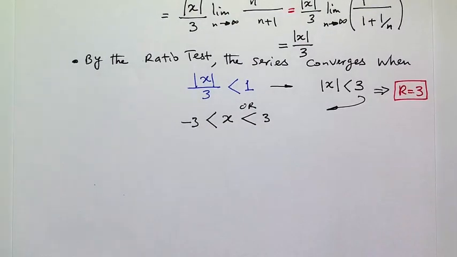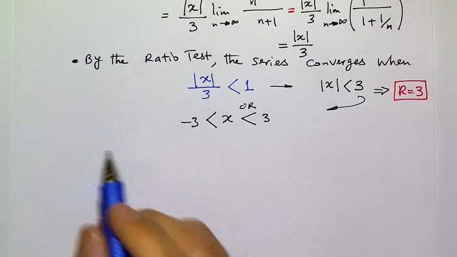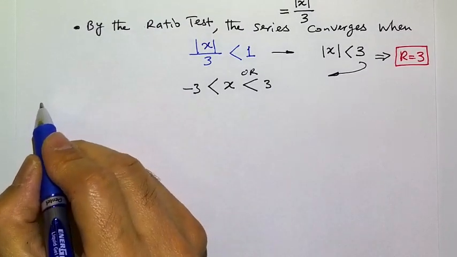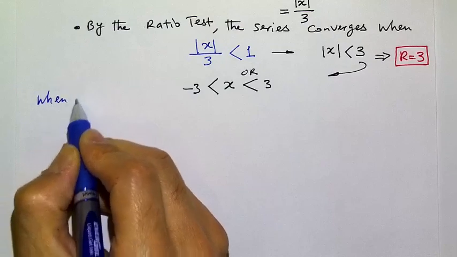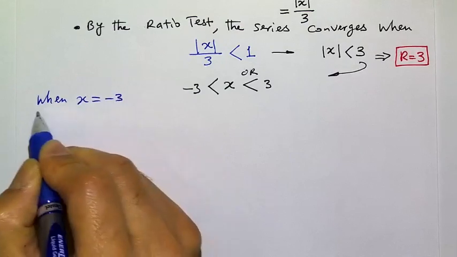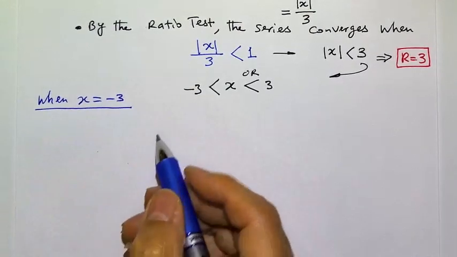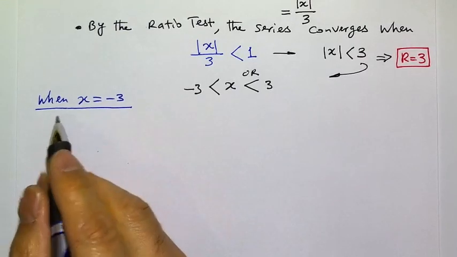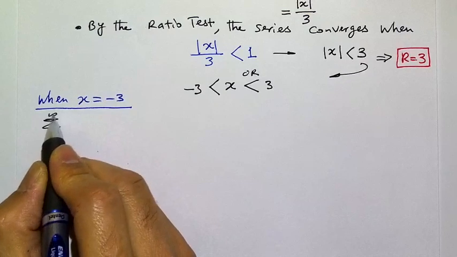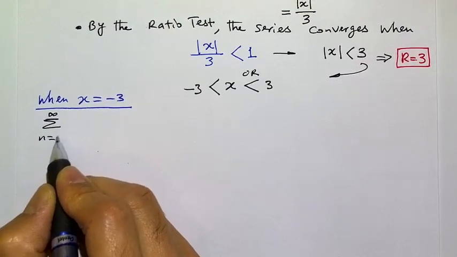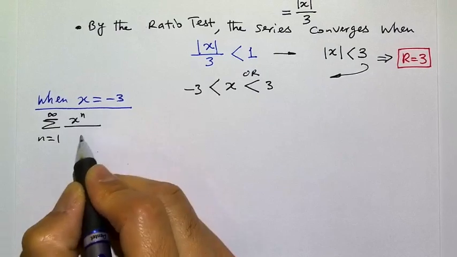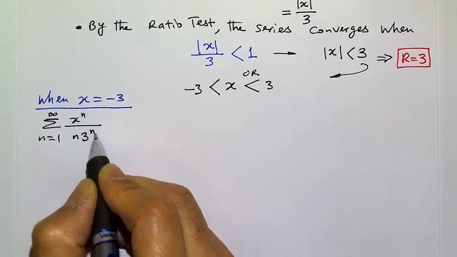So when x equals -3, let's see if we have a convergence or a divergence at the left endpoint. Our series, which we began with, is this one, x to the n power divided by n times 3 to the n power, right?